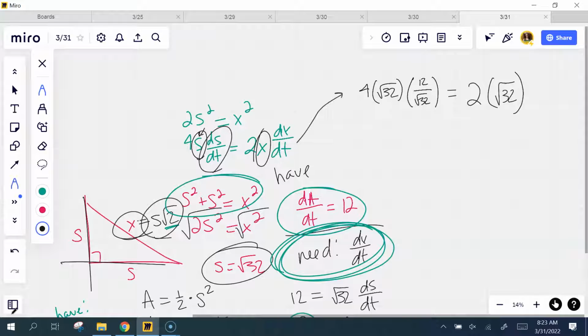S times the square root of 2. All right, look, x is s times the square root of 2.